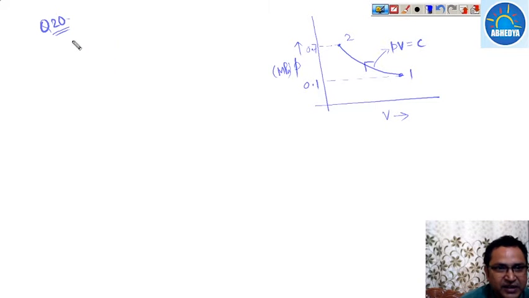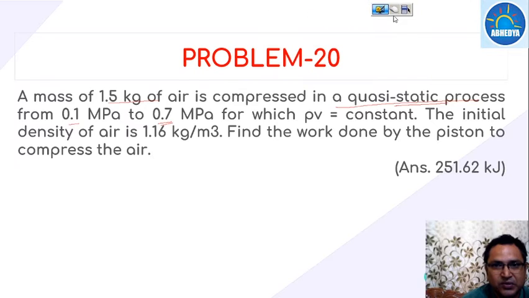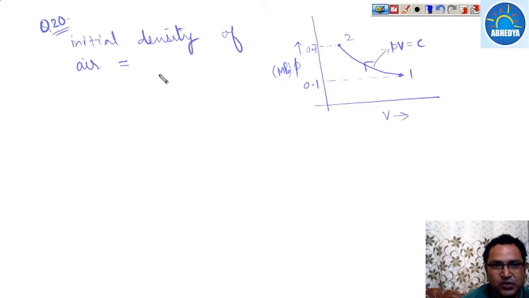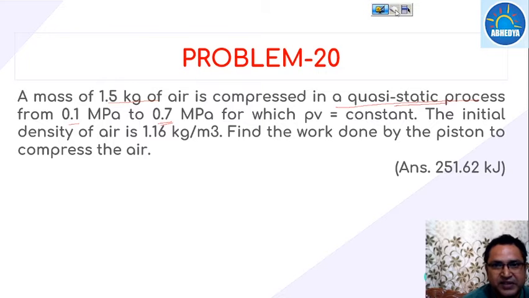So the initial density of air is equal to 1.16 kilogram per meter cube, and the mass of air is 1.5 kg.